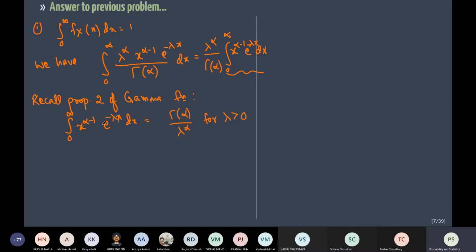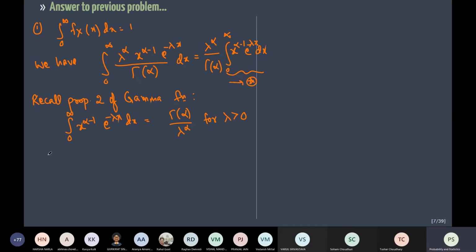This was property 2 that we proved last time, and we try to see whether we can express our integral in this form. It seems to be exactly in this form: x to the alpha minus 1 e to the minus lambda x is exactly this term here. So this must be gamma alpha by lambda to the alpha.